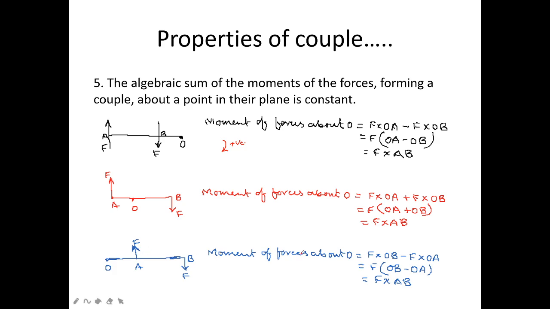So F into OA negative, and F into OB. F into OB is clockwise. That's why it is positive. So F into OB minus F into OA. Now finally you are getting F into AB. So from these three you can see that the moment of the couple depends upon the force into the arm of the couple. It doesn't depend upon the point about which you want to take the moment.